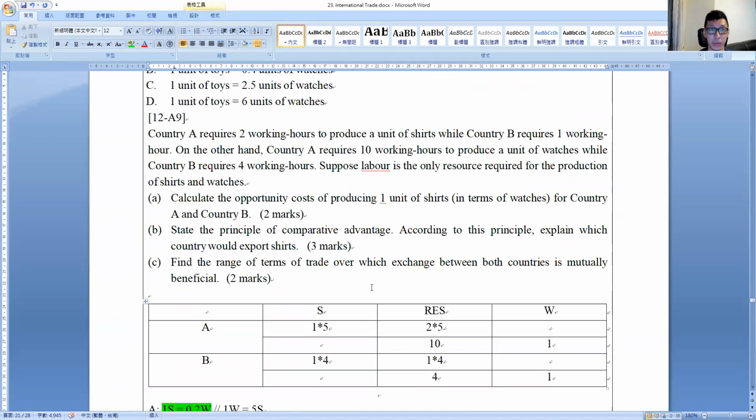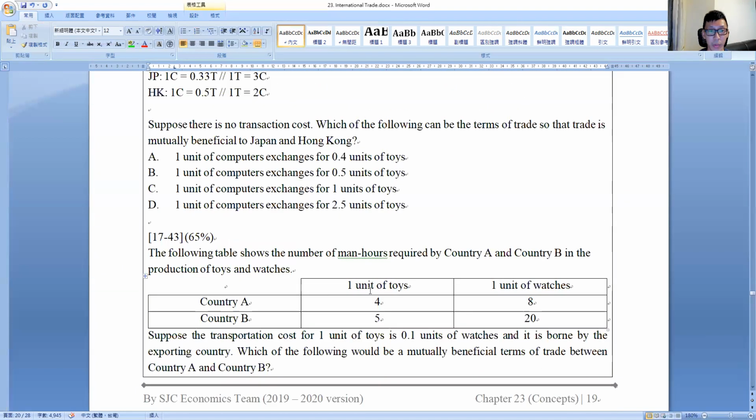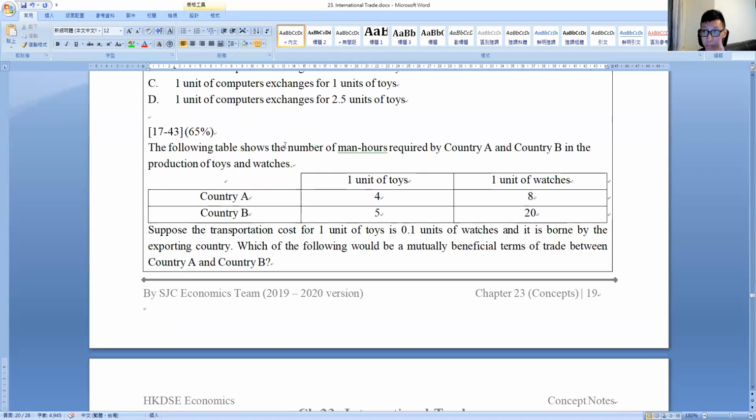Okay? So this will be all the questions that we are able to do by now. So I skipped one question, right? Now let's take a look at that question and see why I skipped it. The following table is very standard, right? But then it says, suppose the transportation cost is something. So you see this time, we have a transportation cost here.